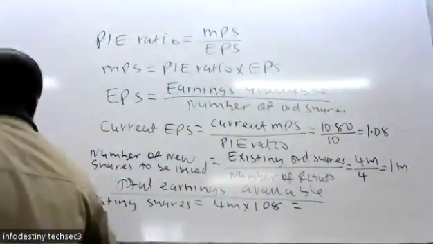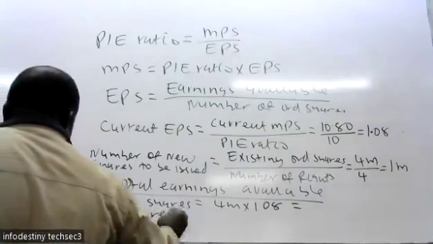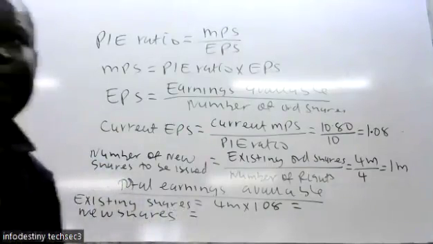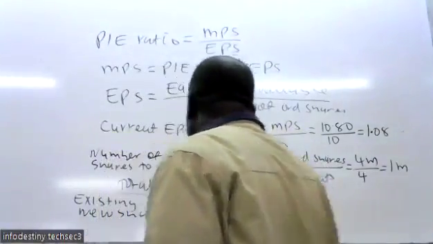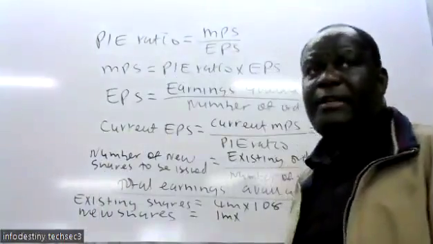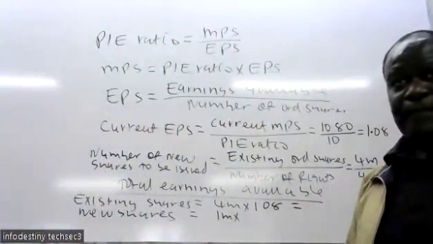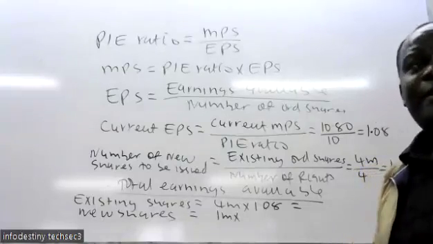Then we also compute on the new shares. We have seen how many new shares we are going to acquire. It is 1 million. Value the 1 million at the offer price, which was 6.4.